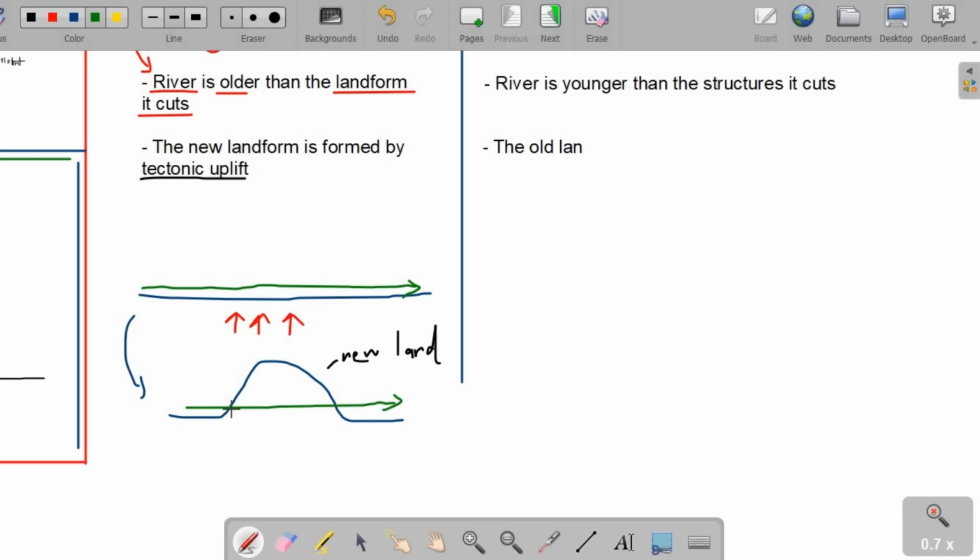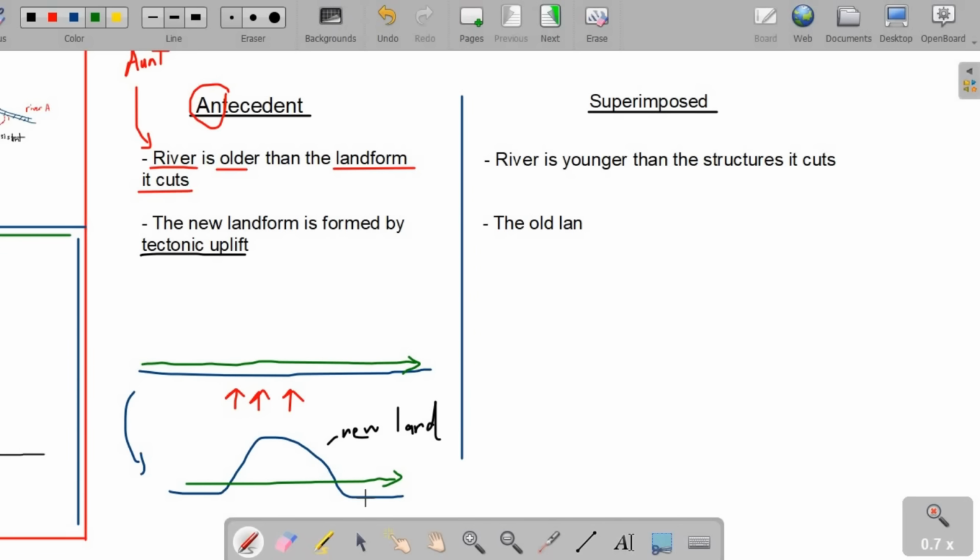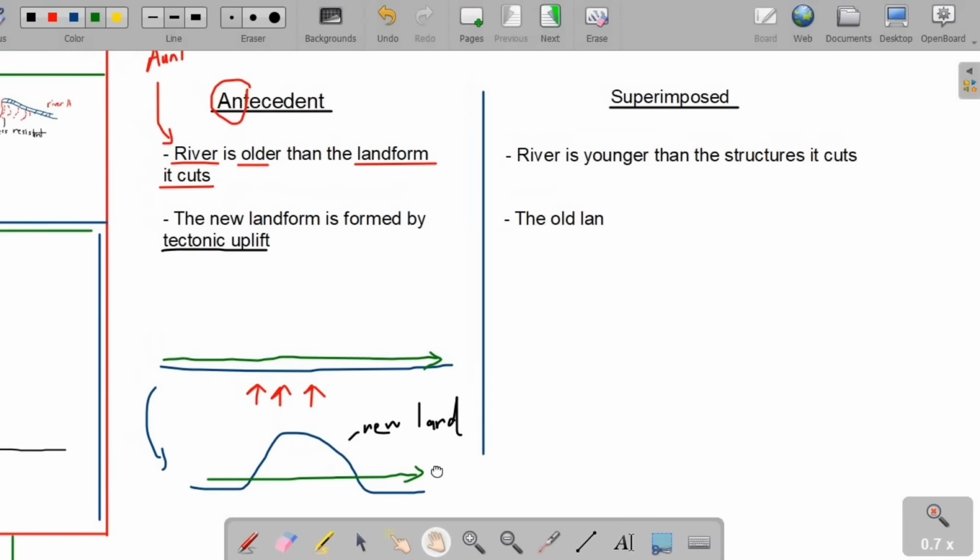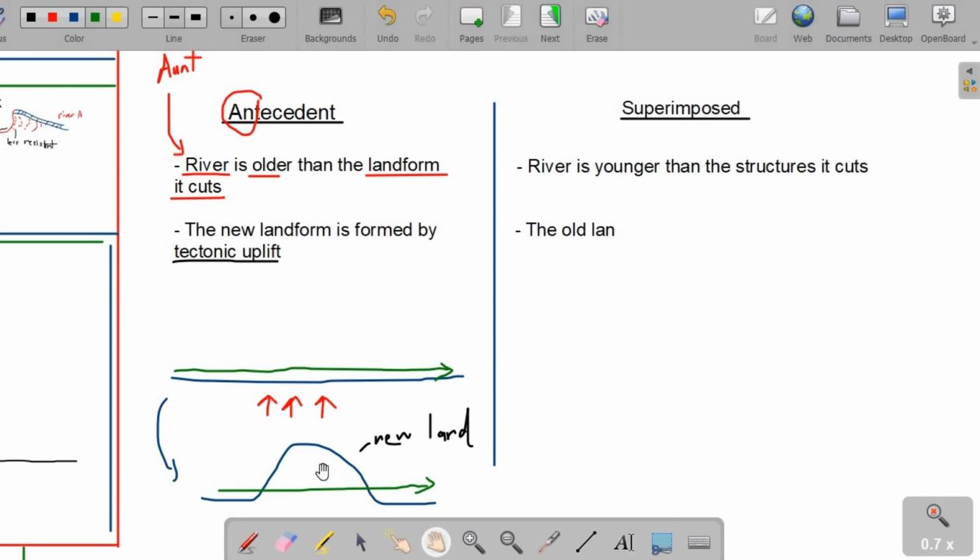Maybe it cuts through there because it is a softer rock, but the most important thing is that the river was there before this tectonic upliftment occurs, right? So this means that the river is older than this new land, right? And so that means this is an antecedent drainage pattern. Simple as that, guys. Tectonic uplift, that's new land.